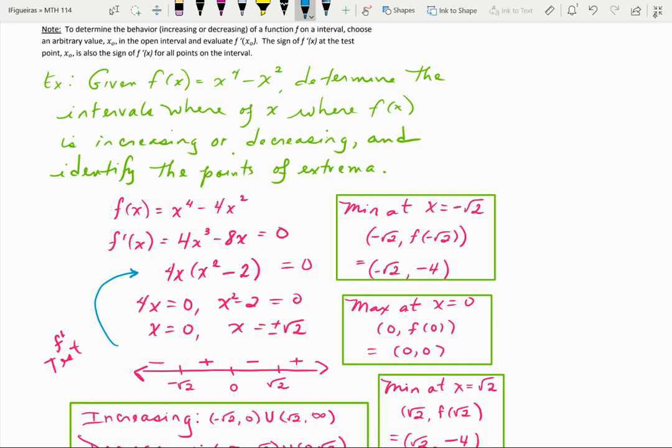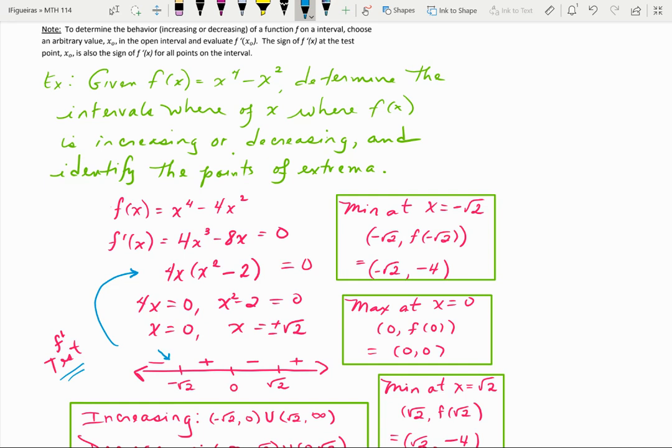So this is now what we consider to be the first derivative test, where you're plugging in numbers and checking the sign. I'm going to plug in negative 2. So 4 times negative 2, that's a negative result. And then negative 2 squared minus 2, that's positive. A negative and a positive gives you a negative result, which means that your function is decreasing.